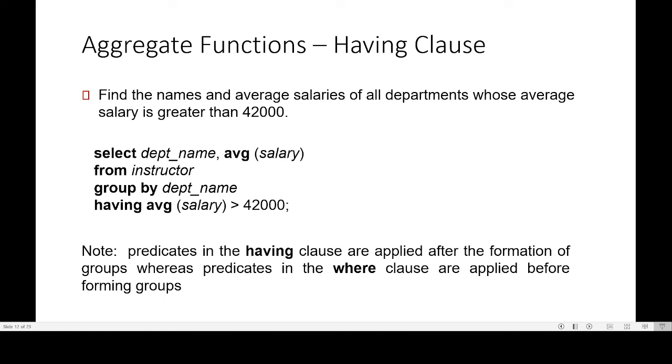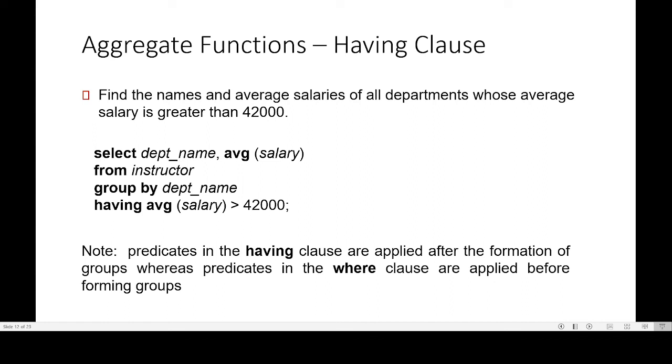Here we are using an aggregate function, average salary, from the table instructor. Then we have to select salaries of all departments, so we group by department. For every department we are finding the average salary, so we are grouping it by department name.